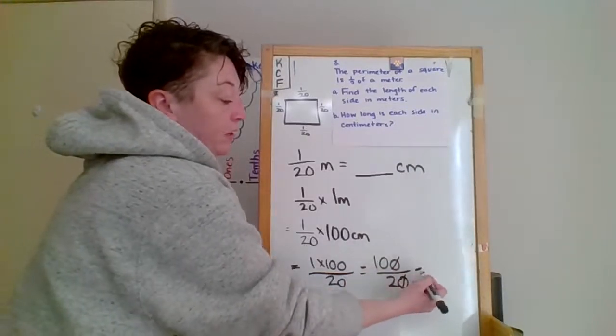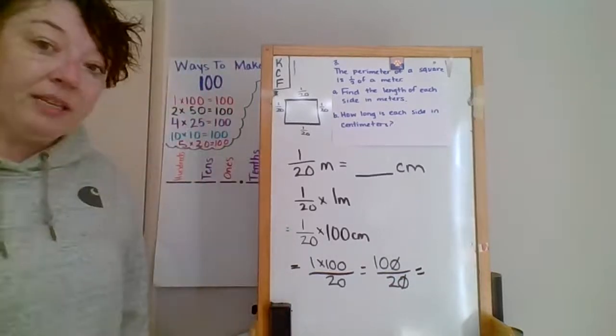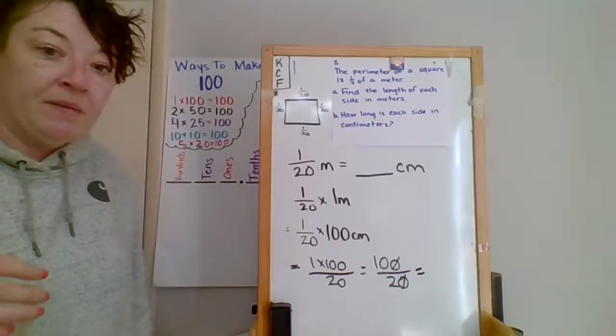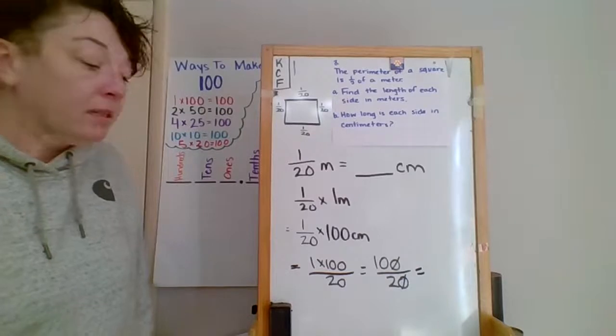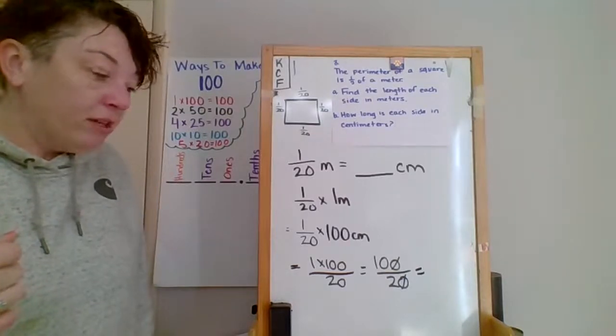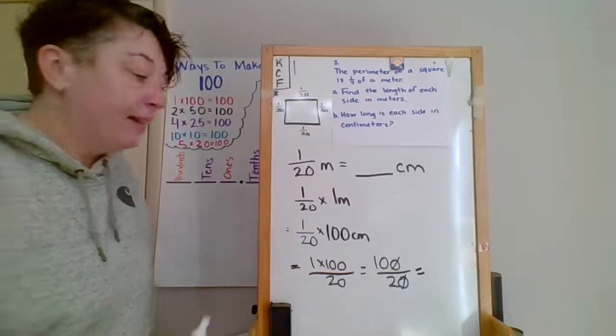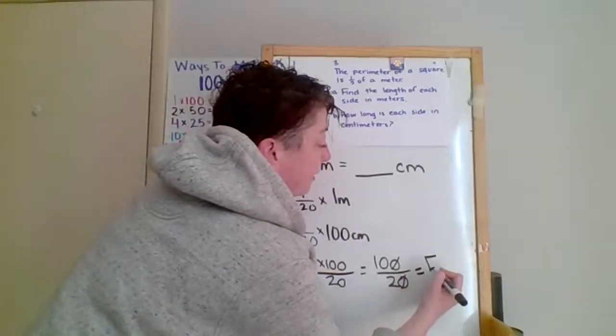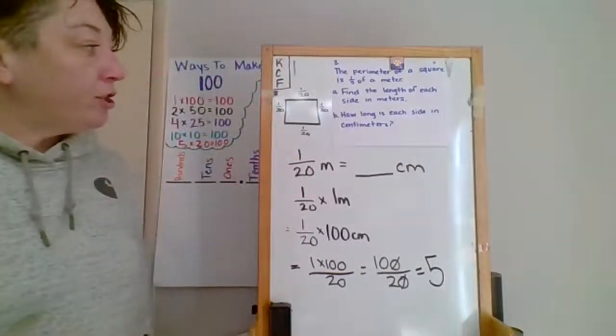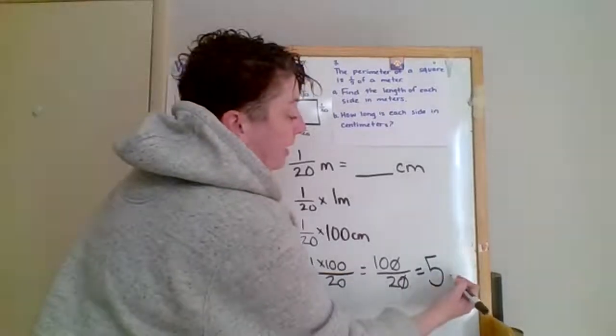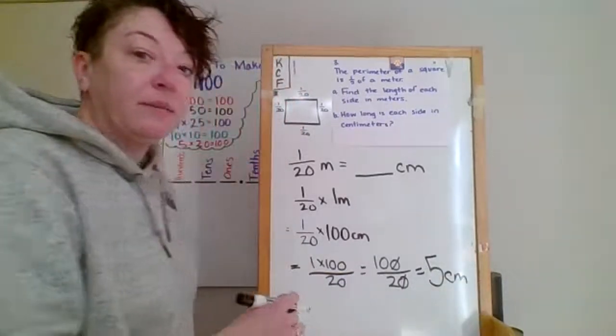So you can also think of it that way. So then you're dealing with 10 divided by 2, which is a basic fact. So 10 divided by 2, I think 2 times what is 10? That would be 5. So my answer to part B is each side is 5 centimeters long.